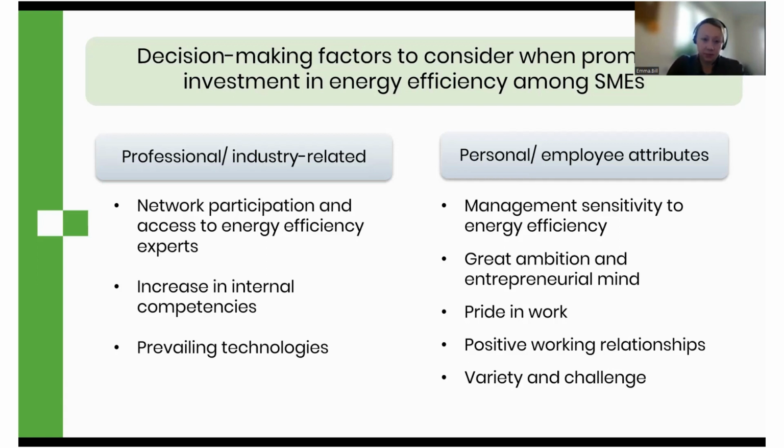There are links with some of these factors here with the Committee on Climate Change report, which I'll touch on in a moment as well. So being part of these networks can allow SMEs to access information more readily, especially if it's a trusted group of local industry stakeholders.